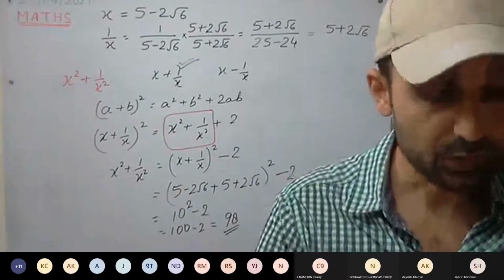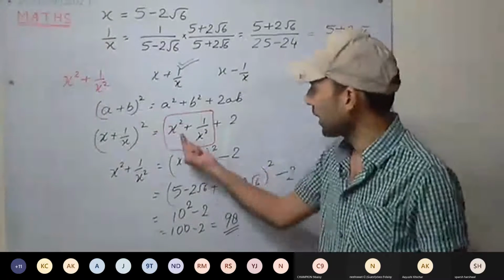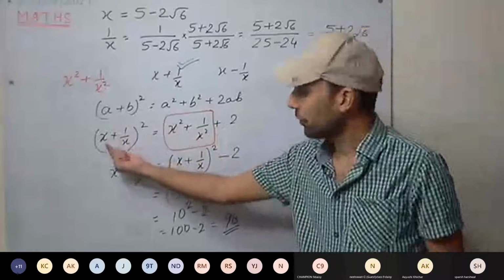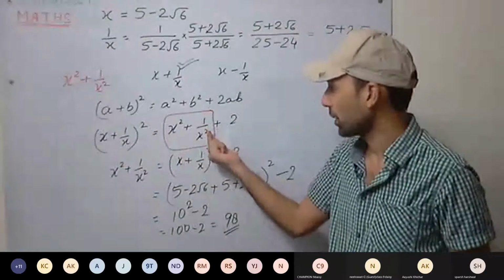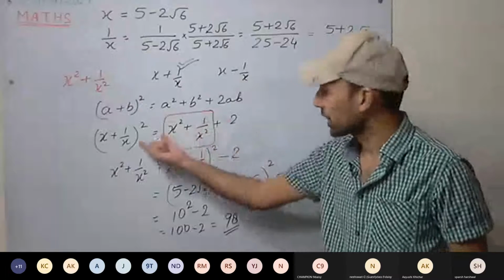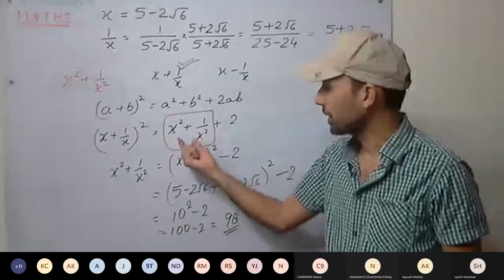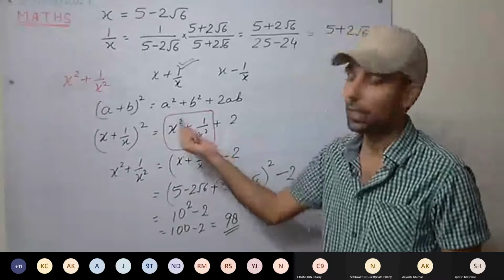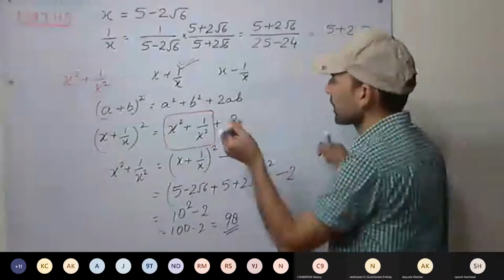So first observe the question. That is, x square plus 1 upon x square we have to calculate. How can we calculate its value? If we expand x plus 1 upon x, the whole square, it equals x square plus 1 upon x square plus 2. Using this equation, we can calculate. So always remember this.